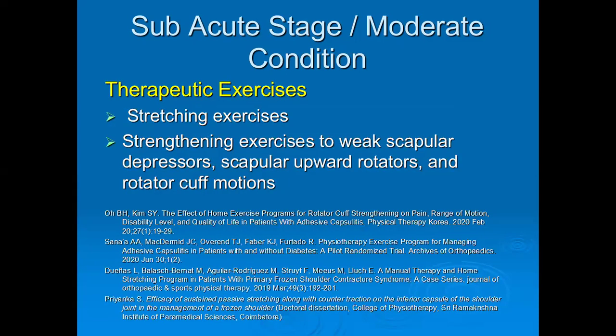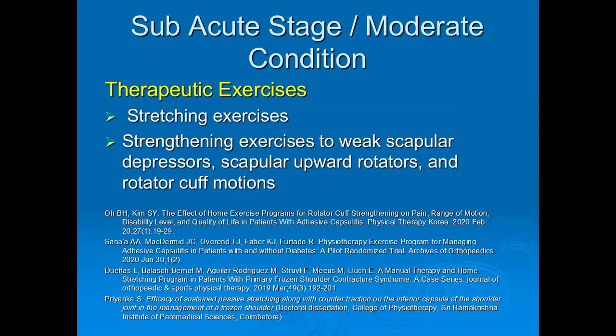Stretching exercises, in therapeutics, we can prescribe for the muscles which are tight, having a muscle flexibility deficit, which we mentioned in the previous slide. Similarly, strength exercises for those muscles which are weaker, specifically the upward rotators, the upper trap, the lower trap, and serratus anterior. These muscles are very weak.